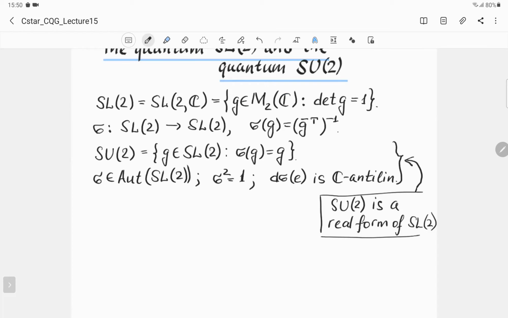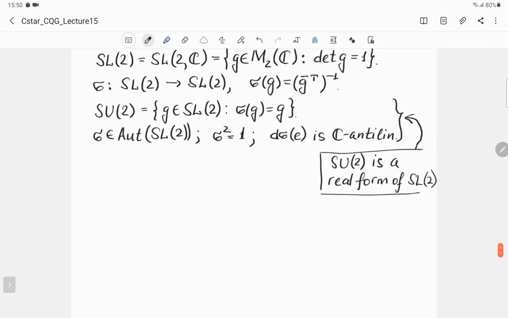Okay, let's now look at the algebra of regular functions. First of all, SL2 is of course an affine algebraic variety, a variety in the 2x2 matrices. Script O of SL2 is the algebra of regular functions on SL2.